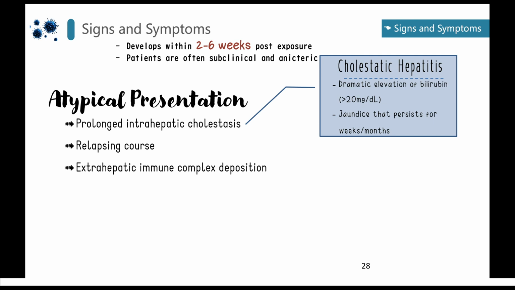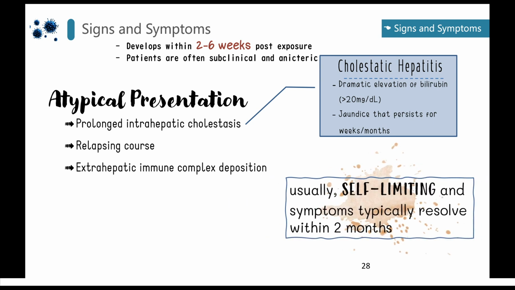And with hepatitis A, there is also extrahepatic involvement. So similar to hepatitis C, there is immune complex deposition in our tissues. But generally, hepatitis A is actually self-limiting. So meaning the infection will just resolve on its own even without treatment because our immune system is able to completely eliminate the virus with hepatitis A.